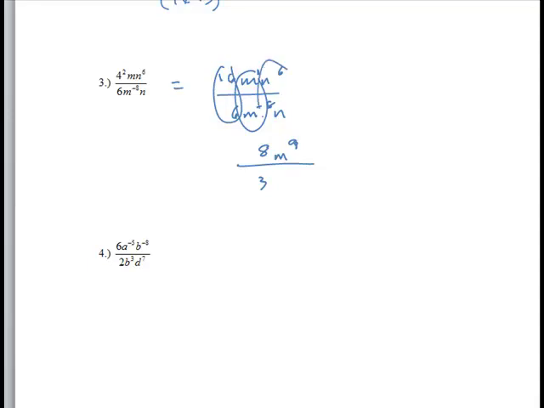And the third pair of like factors, the n's, n to the 6th over n, or n to the first power, simplifies to n to the 5th. Subtract their exponents. We cannot simplify any further in the order of operations, and we do not have any negative exponents, so we're done.